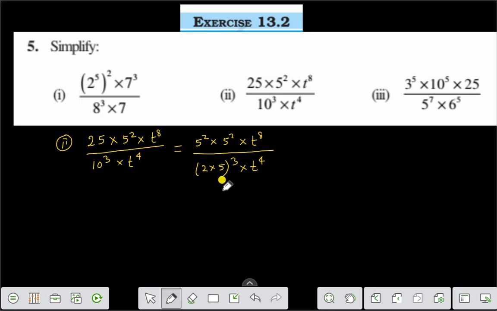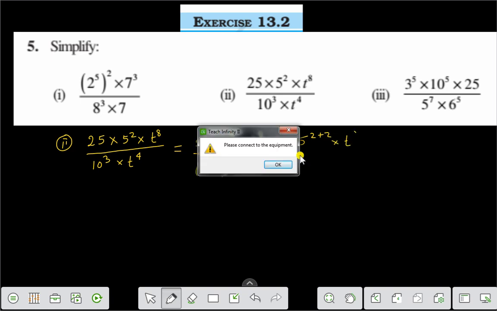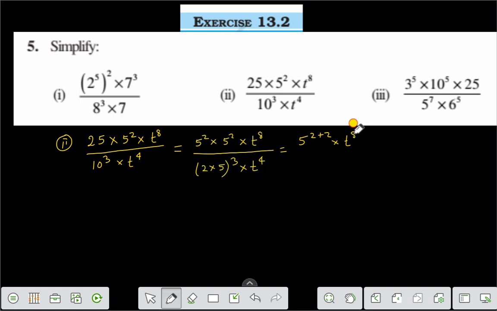Now we can find 5 to the power 2 plus 2 into t to the power 8, divided by 2 to the power 3.